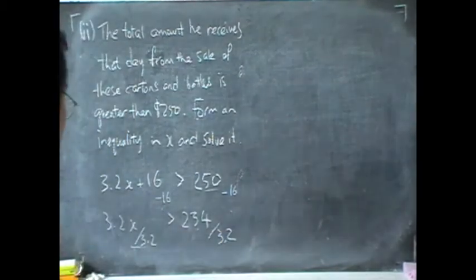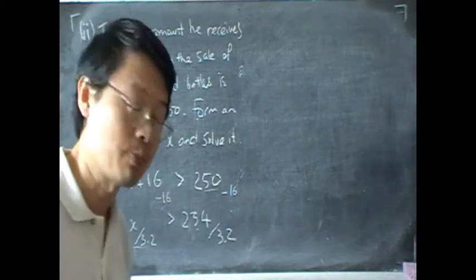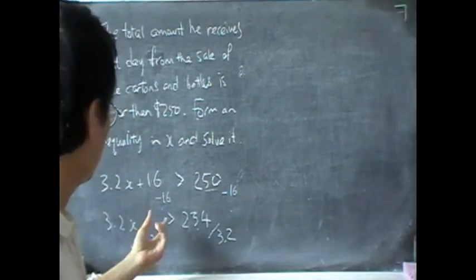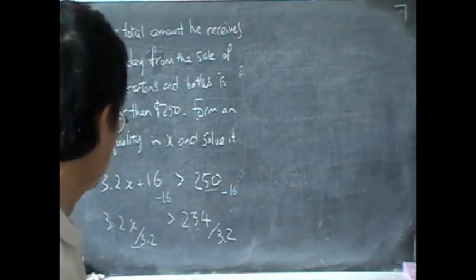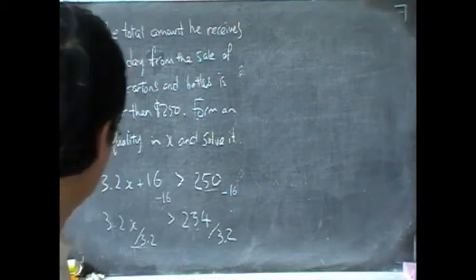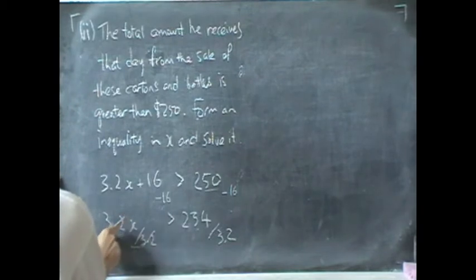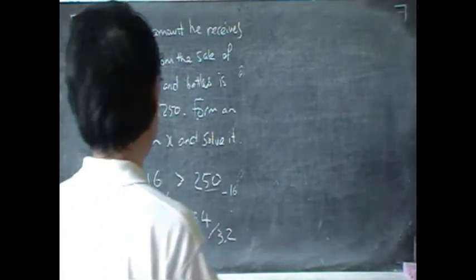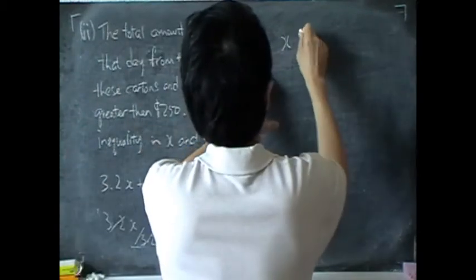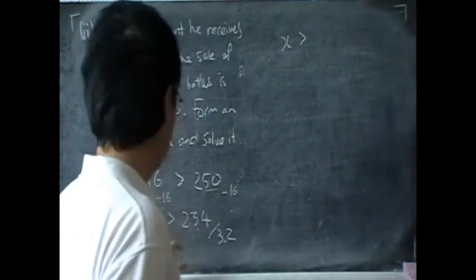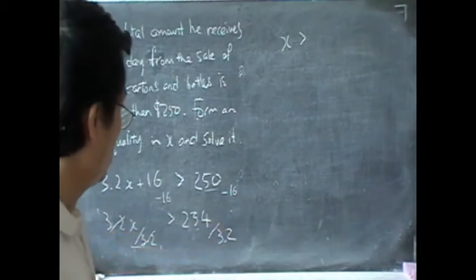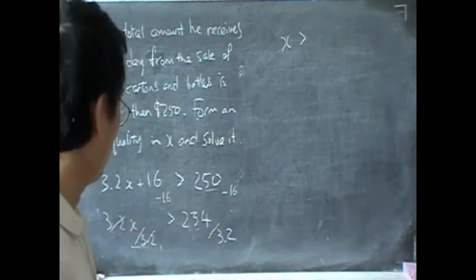That's fine, I'm dividing by positive numbers, so I don't have to worry about switching the inequality sign around. So 3.2 divided by 3.2 cancels, gives 1. And I have just x on one side now, is greater than 234 over 3.2.